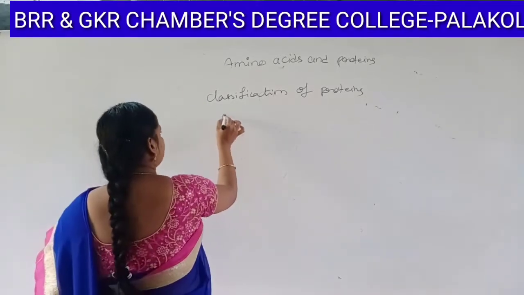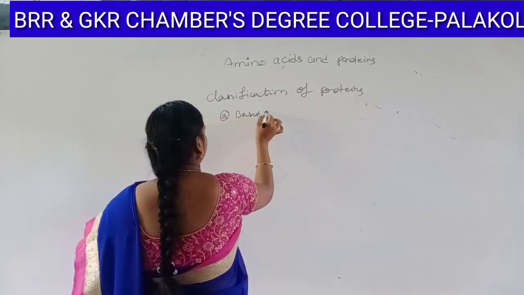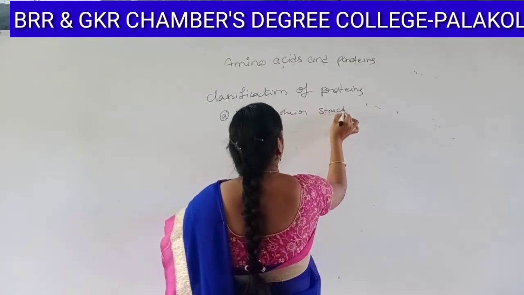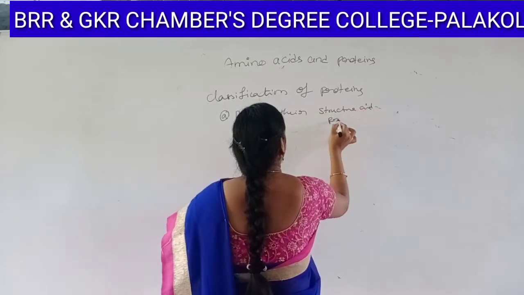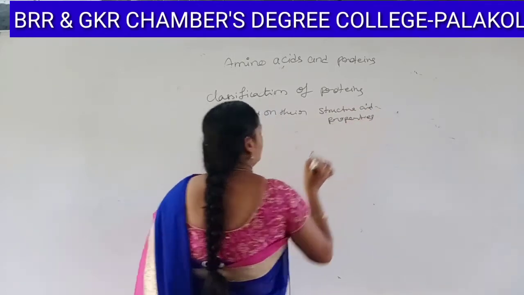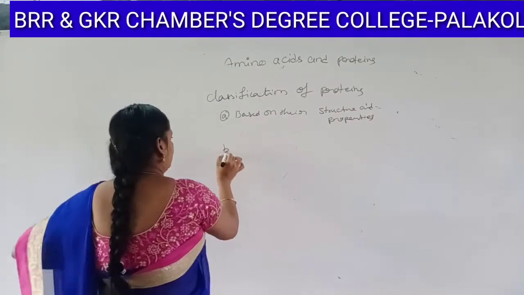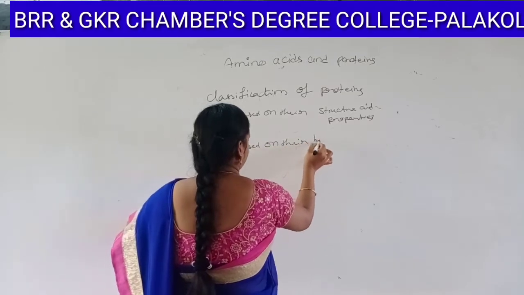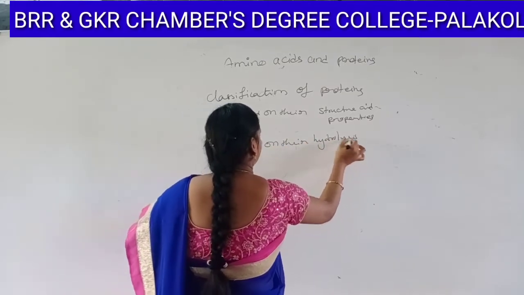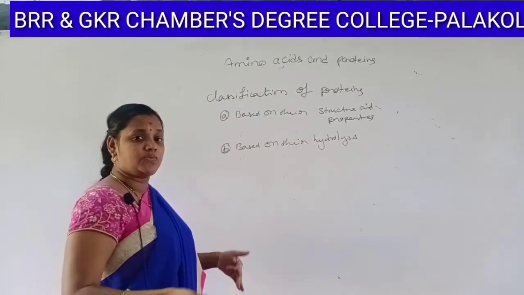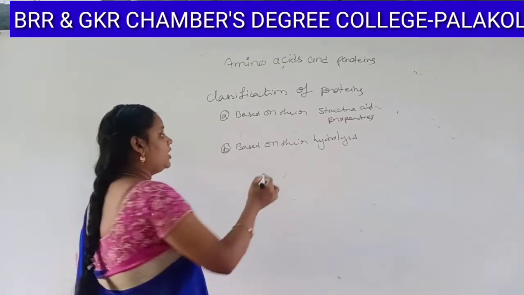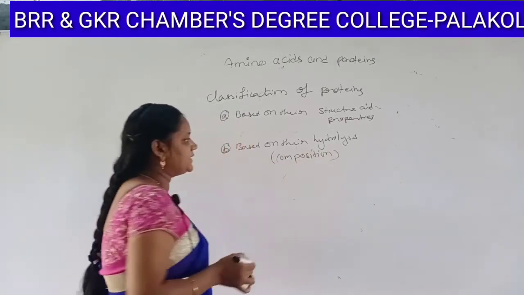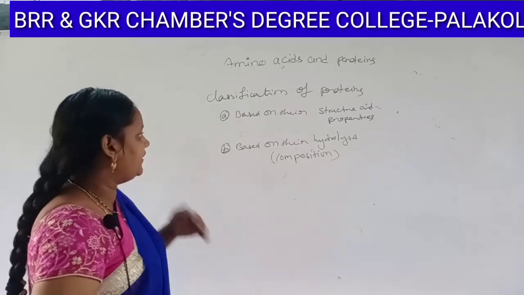The first way is based on their structure and properties, and the second classification is based on their hydrolysis. That is, after hydrolysis, what products are obtained? What is their composition? In these two ways, we can easily classify proteins.